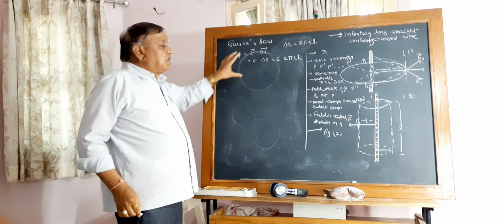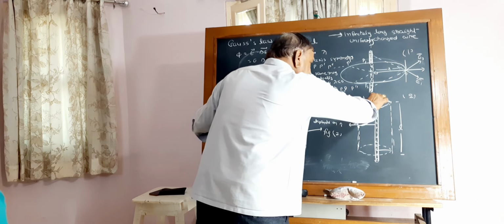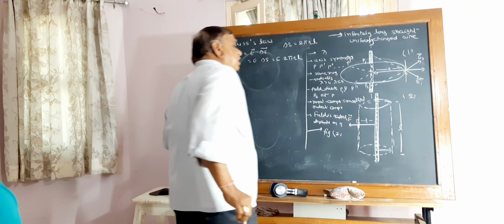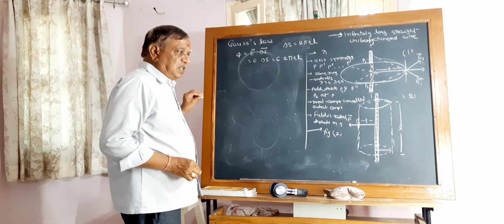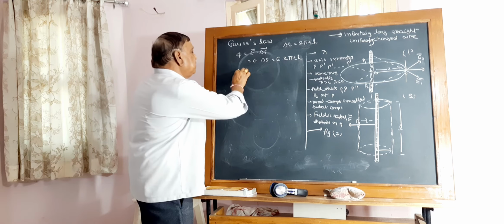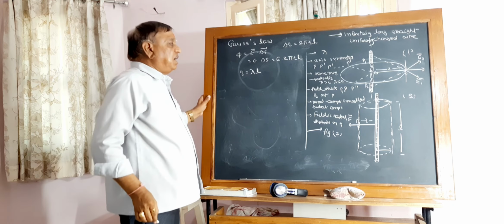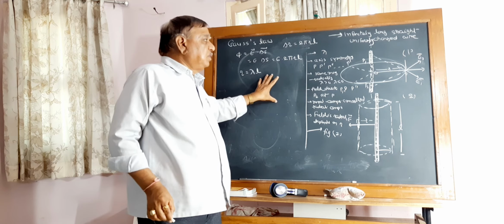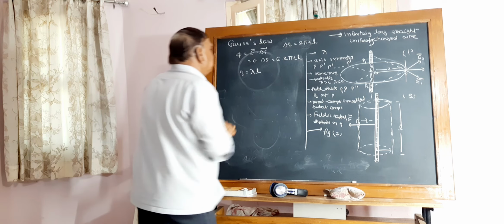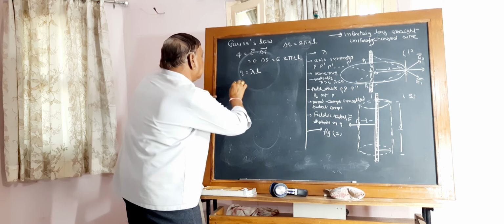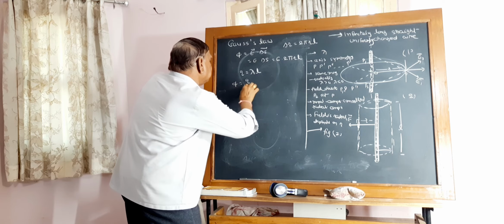Now, according to Gauss law, the charge enclosed in this portion, the charge enclosed Q, is lambda into L. So comparing both equations, as you know Gauss law, phi equals Q by epsilon 0.